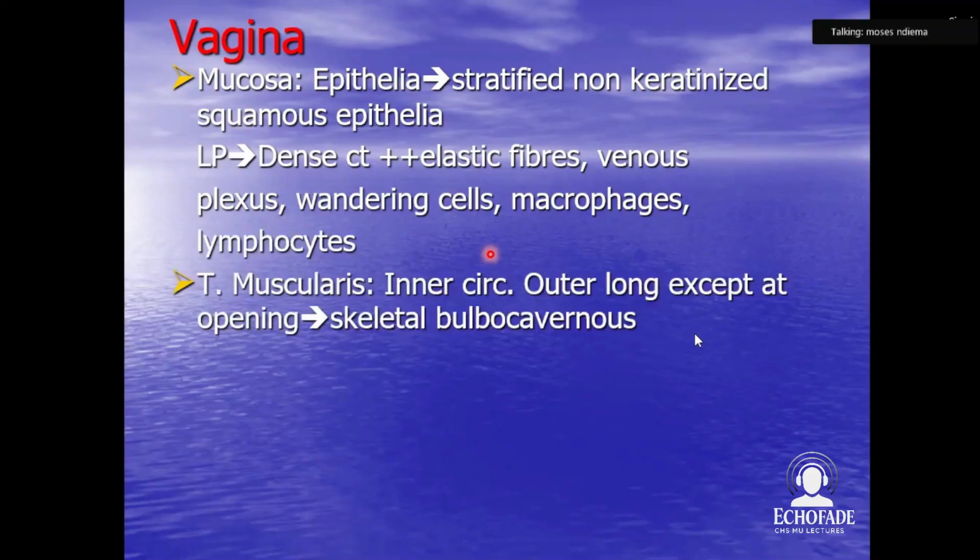Then we have a muscular coat comprising an inner circular and outer longitudinal layer, except at the opening close to the vestibule, which contains skeletal muscle or bulbocavernous muscle.